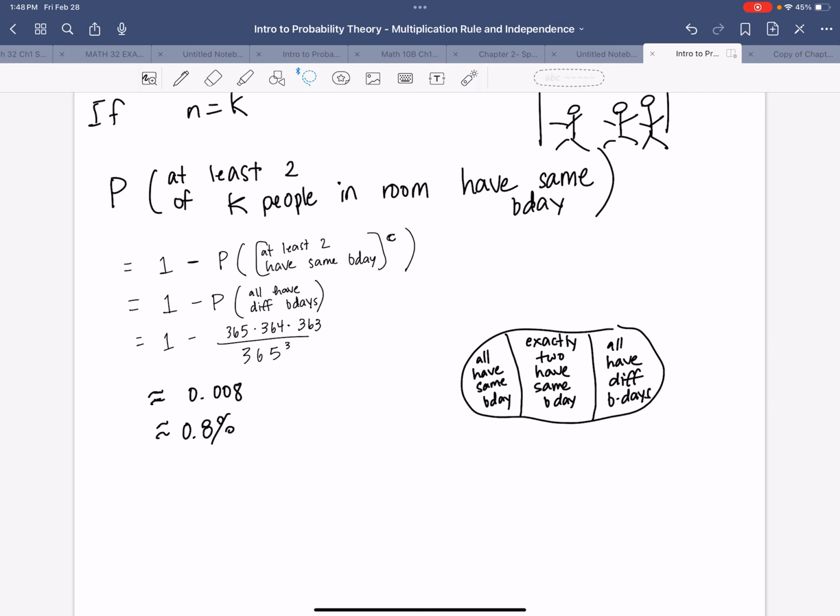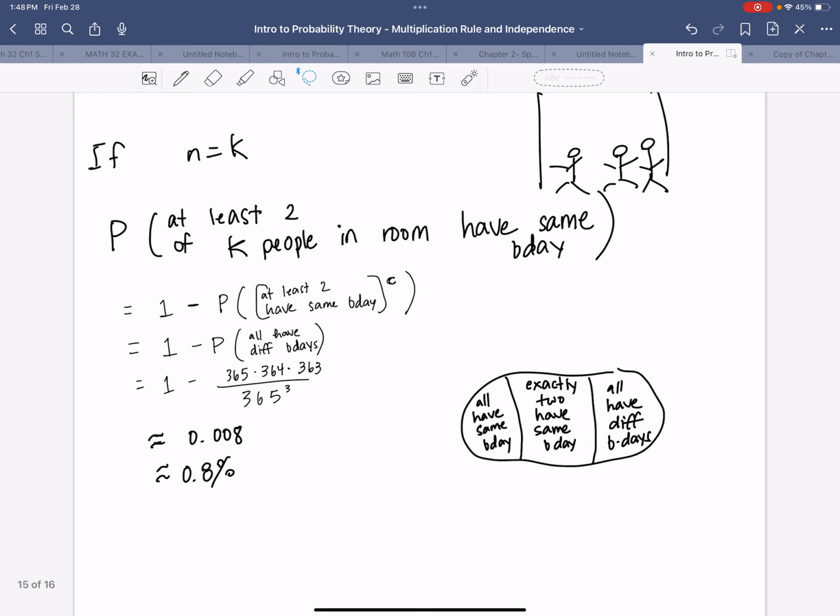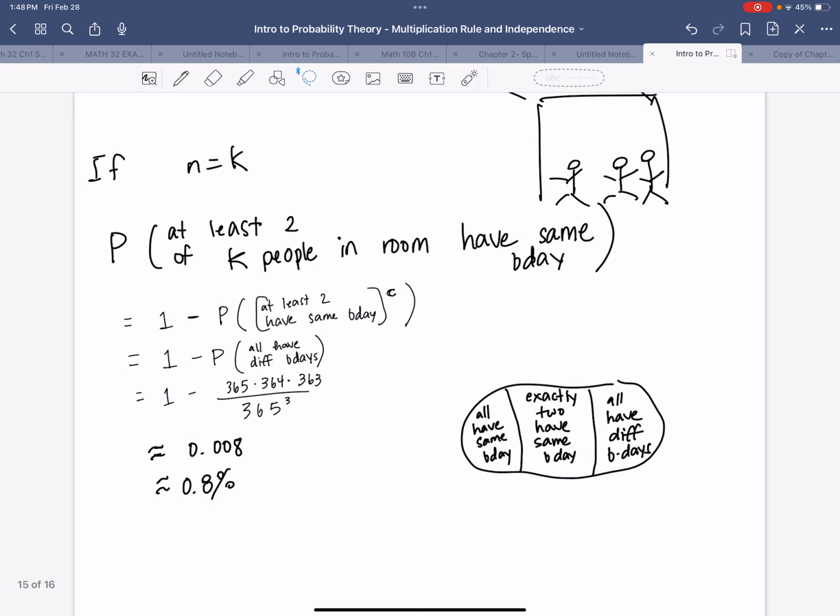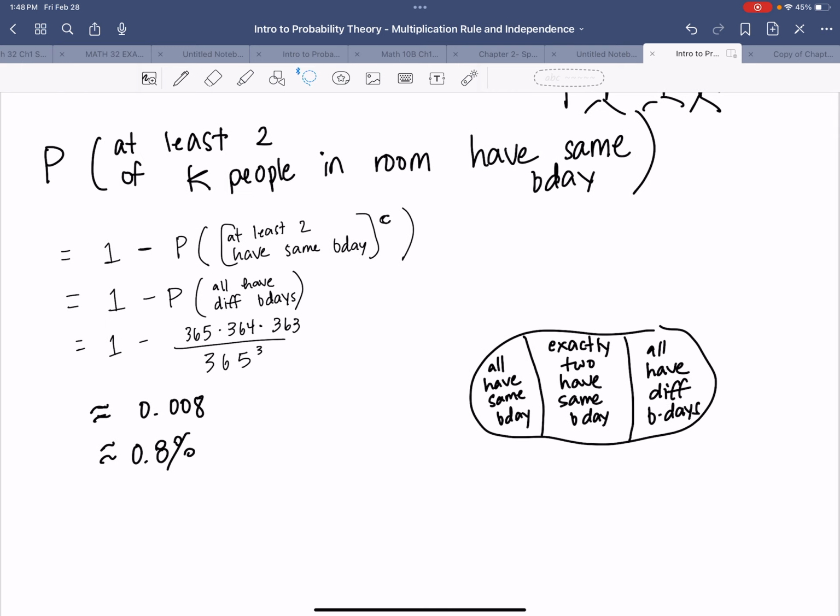So let's see here. If I have k people in the room, I don't know how big k is, so I'm just putting people in there. But k is whatever it is. They could all have the same birthday, which means all k of them have the same birthday.